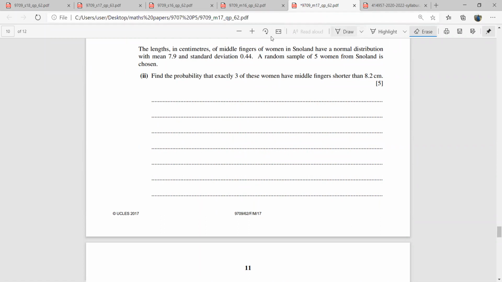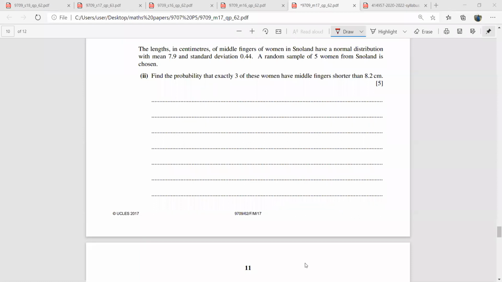It says, the lengths in centimeters of middle fingers of women in Snowland have a normal distribution with mean 7.9 and standard deviation this. So I'll right away start writing this.